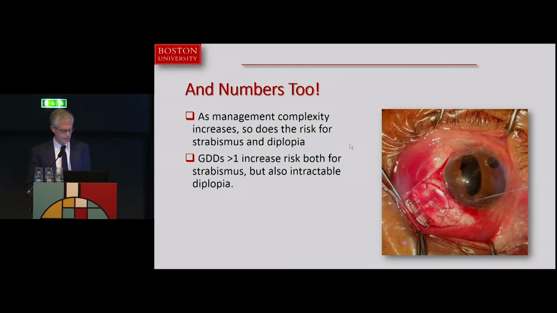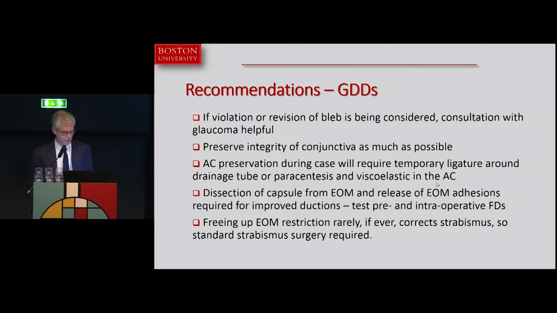And the number of implants matters also. Here's a patient that was operated on just a few days ago, who had a previously placed superior temporal implant and was now having an inferonasal implant placed. As the number of glaucoma drainage devices in the eye increases, so does the risk both for strabismus, which you'll have to take care of, but also the risk for intractable diplopia almost no matter what we do.